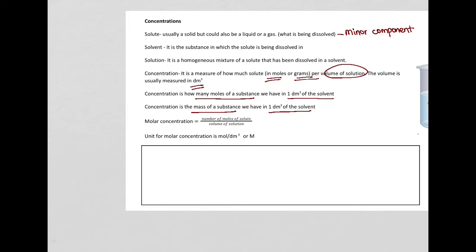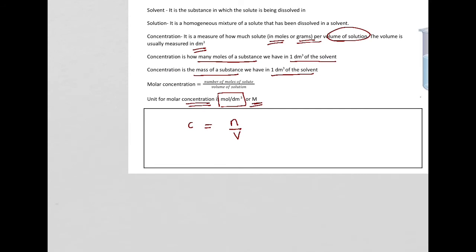And the unit for concentration is mole per dm cube, which we also represent as M, short for molar concentration. So concentration is equal to number of moles divided by volume. So from this we can find number of moles, which would be concentration times volume, or we could also find volume, which is going to be number of moles divided by concentration.